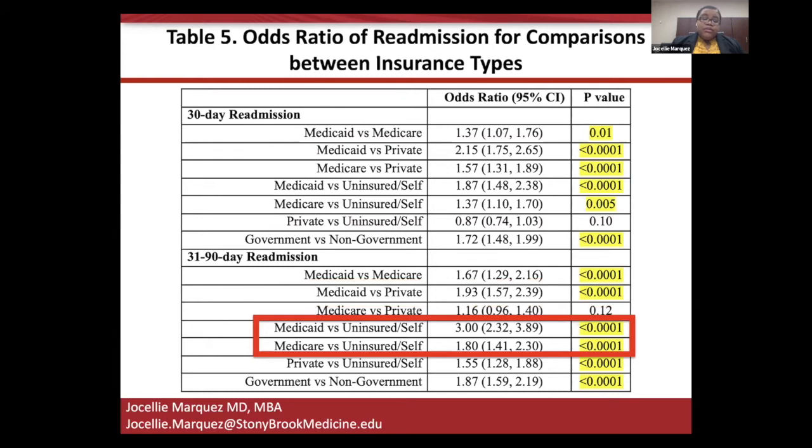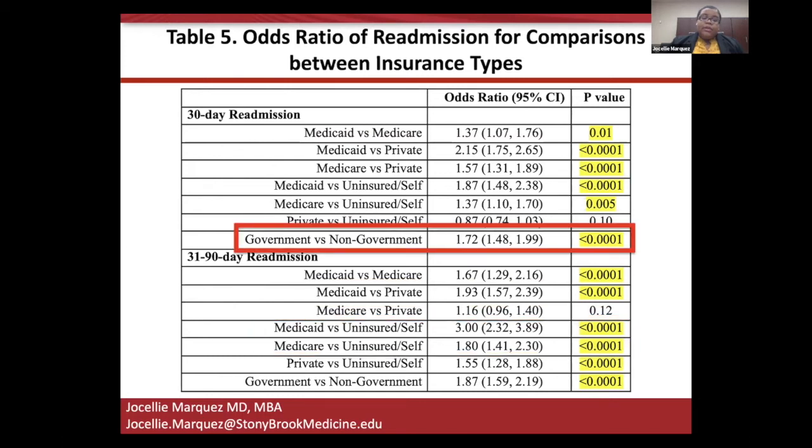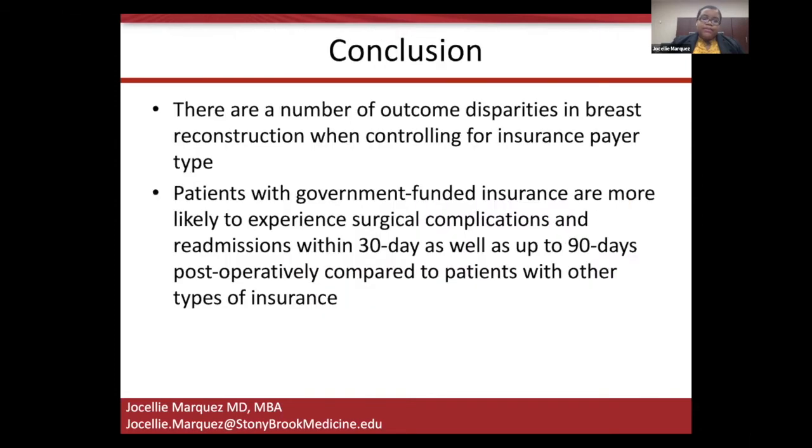Compared to uninsured, Medicaid and Medicare patients individually were more likely between 31 and 90 days. And when categorized into distinct groups of government versus non-government payer patients, the trend maintained for 30-day readmission and 31 to 90-day readmissions.